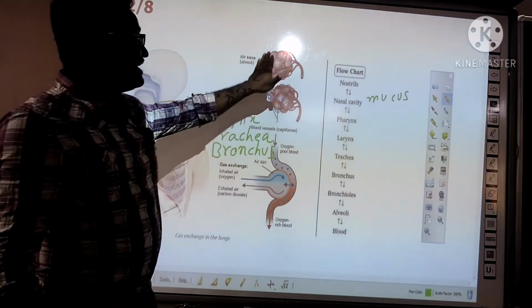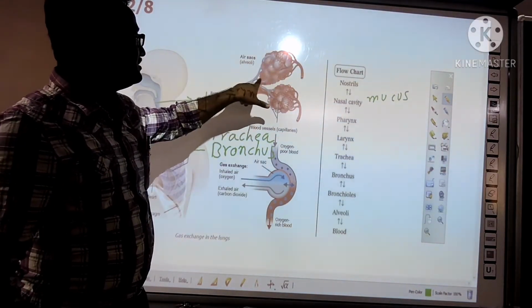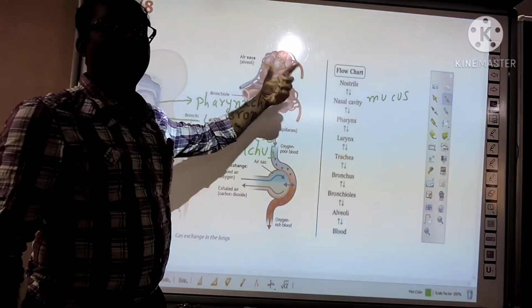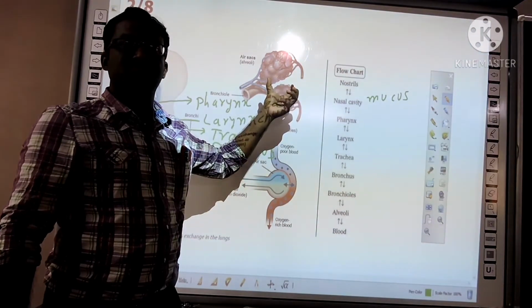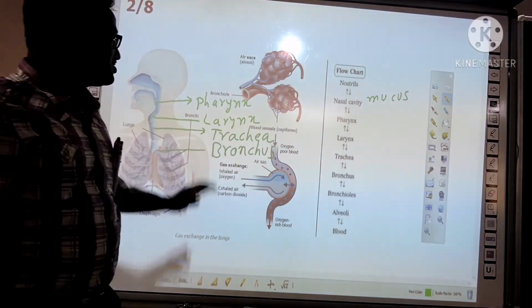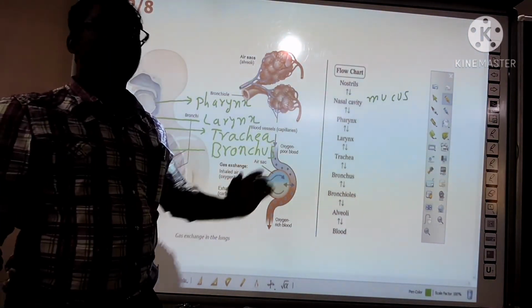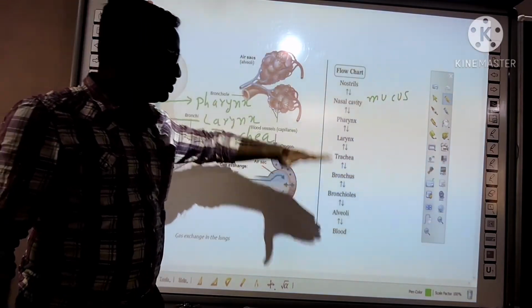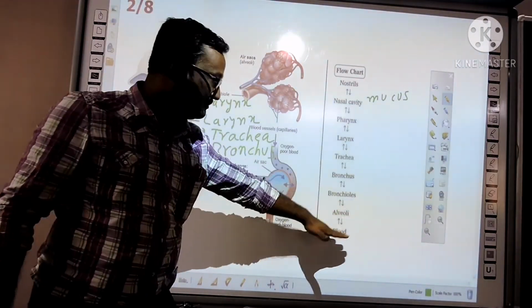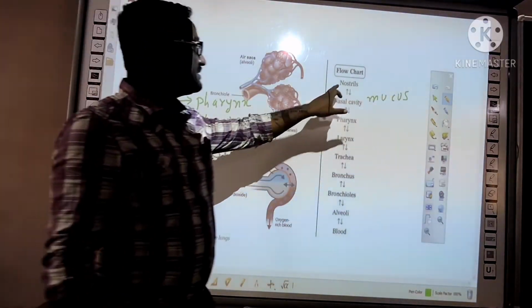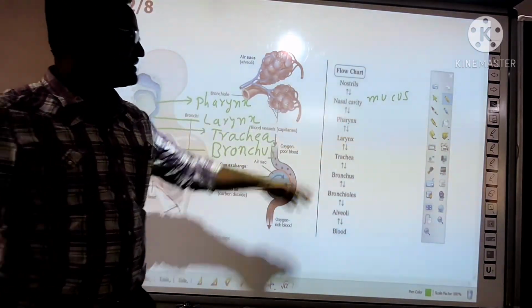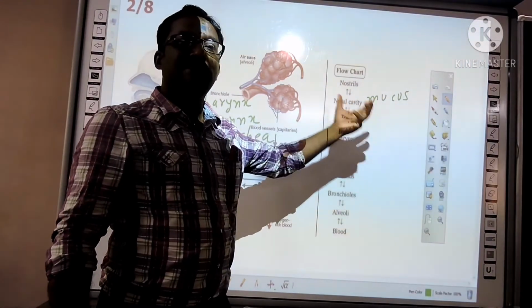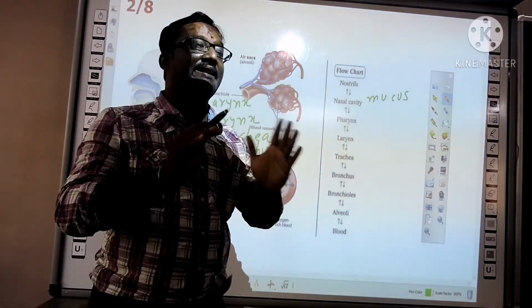The walls of the alveoli are covered with blood capillaries, which supply the blood. So these are the parts. Let us see how air moves from the atmosphere to the alveoli and blood. First it enters the body through the nostrils. Next, the nasal cavity. In the nasal cavity, filtration of air takes place.